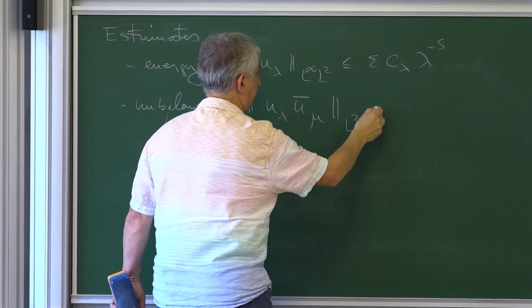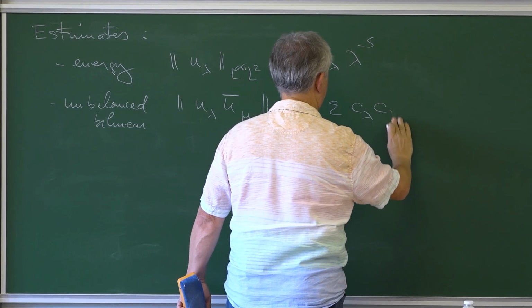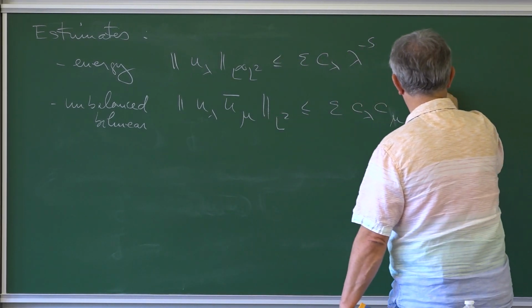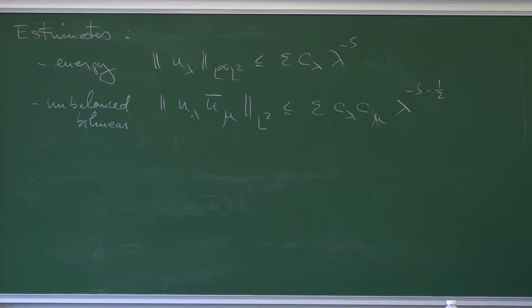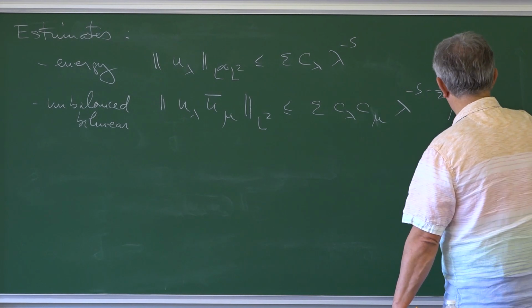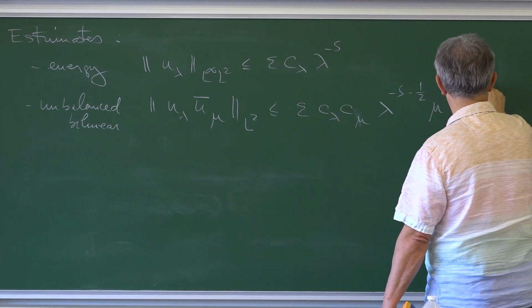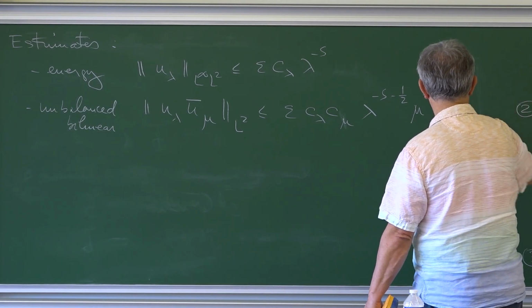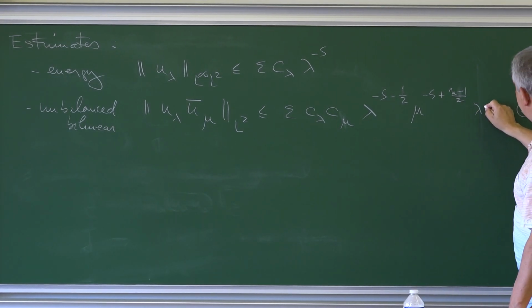We try to measure this in L2, and this is smaller than epsilon c_lambda c_mu, lambda to the power minus s minus 1/2. So we gain our half derivative at high frequency, but then we have to pay with some low frequencies, mu to the power minus s plus n minus 1/2. All right, so this term does not exist in one dimension, and this is lambda greater than mu.